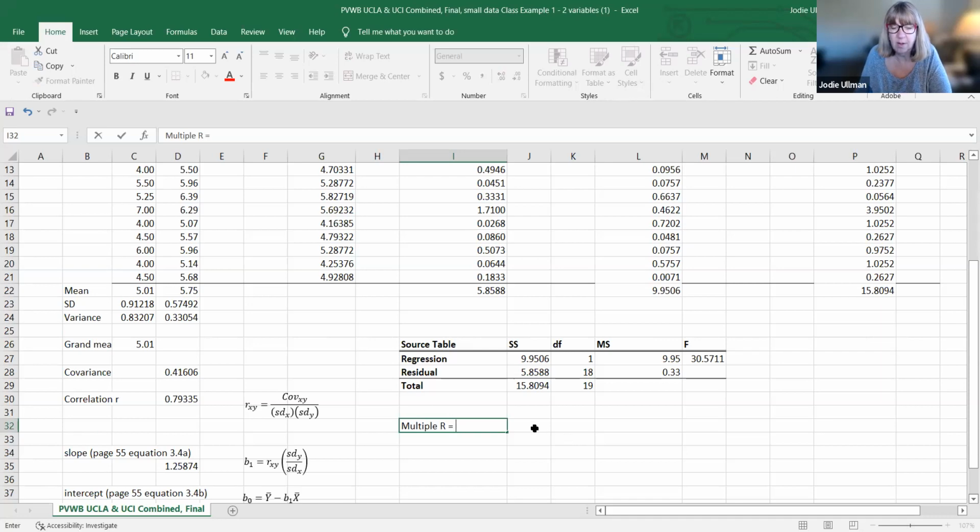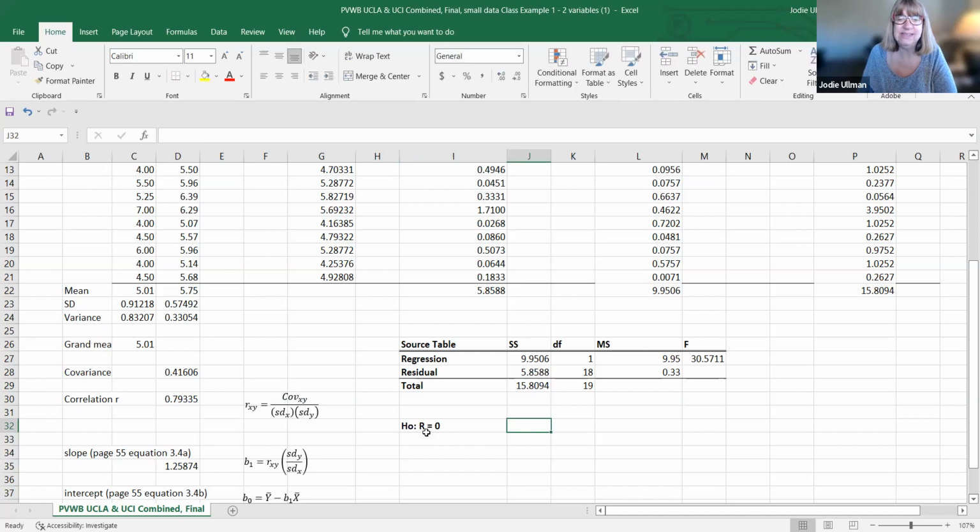Our multiple R, how do I want to do this? The principle is that multiple R, and APA format now says you can just have capital R equals 0. Sometimes that trips people up, sometimes not. It depends on the group.